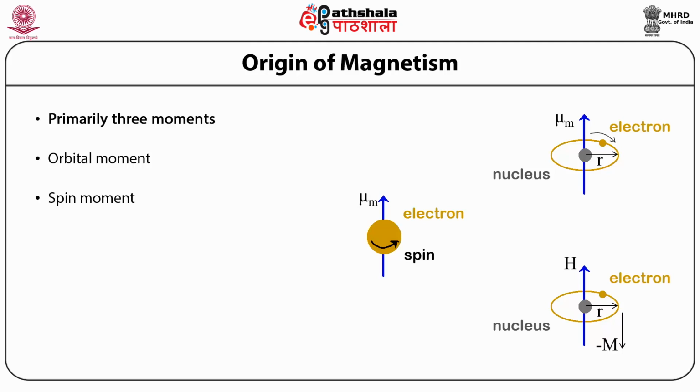Secondly, we have a spin moment, which is also shown in the figure, where an electron is spinning around its axis, having the spin moment represented by μm. Third is the change in the orbital moment by the changing magnetic field, which is clearly depicted in the figure.